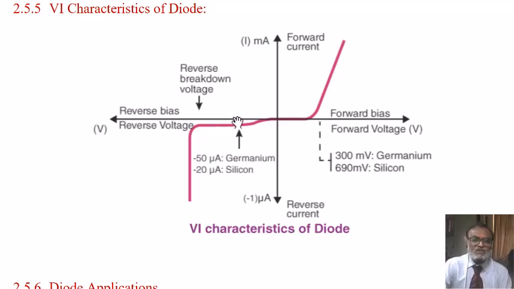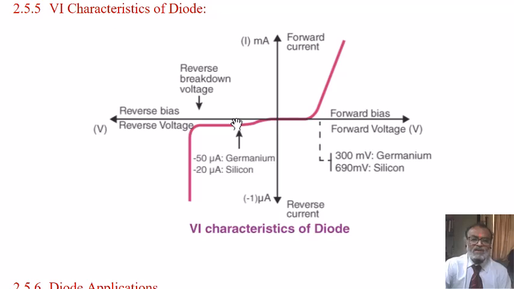For an ideal diode, even if you go on increasing the reverse voltage up to infinity, the diode will not conduct heavily in the reverse direction. Whereas practical diodes have a limited reverse breakdown voltage.